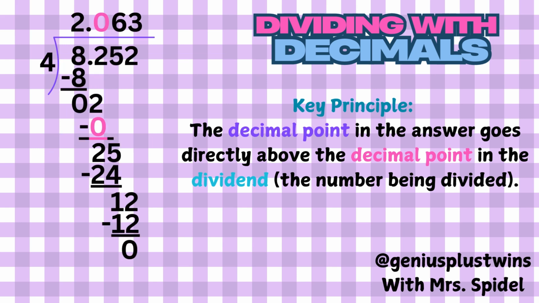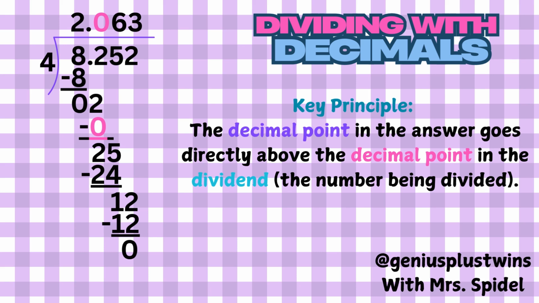This next problem is a little more challenging, and why I really want to highlight it. Let me explain how to solve 8.252 divided by 4. I need to first look at how many 4's there are in 8.